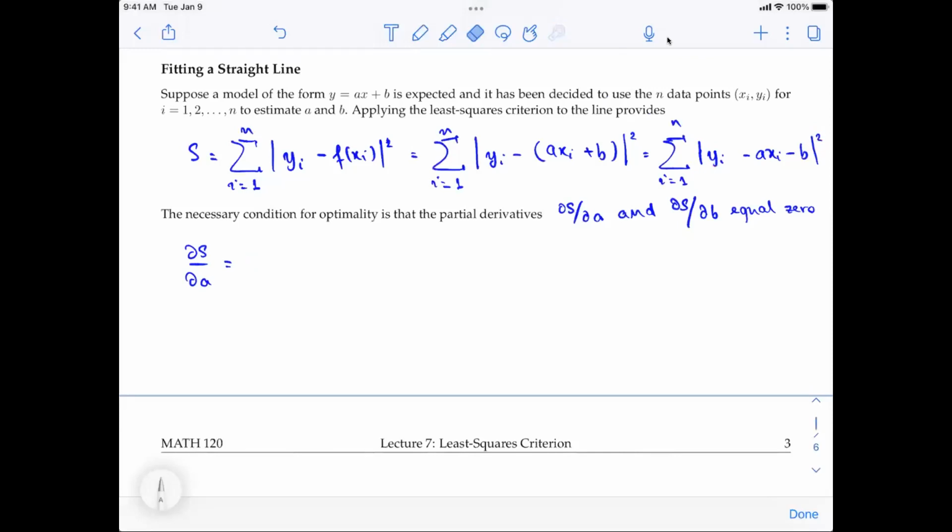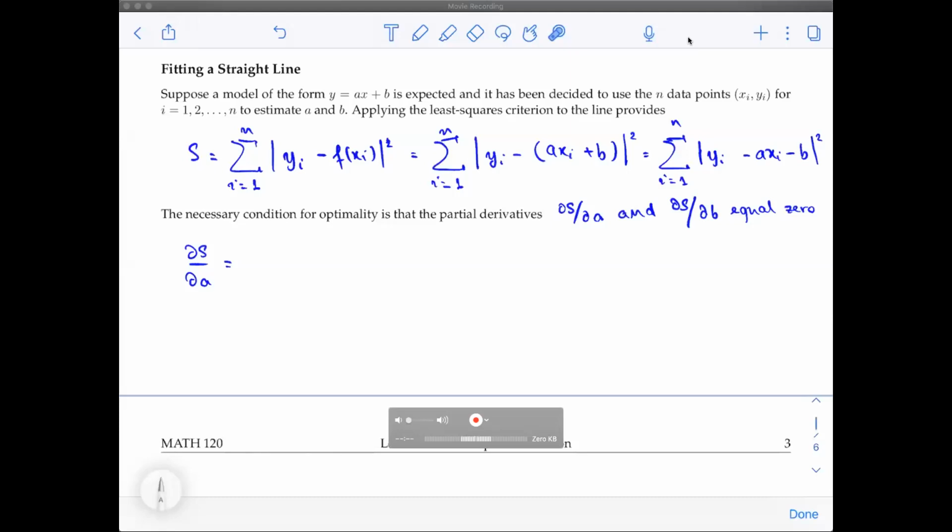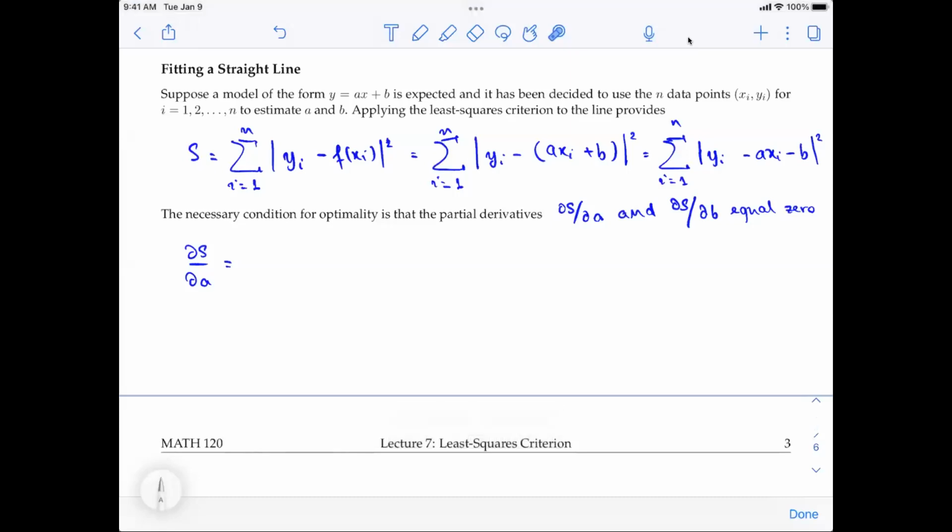Okay, now you take the partial derivative of this. Right? So the partial derivative of the sum is the sum of partial derivatives. So that means when you do the derivative, you can just ignore this summation for now and just take the individual derivative. So partial S partial a, meaning that you take partial a of this function.